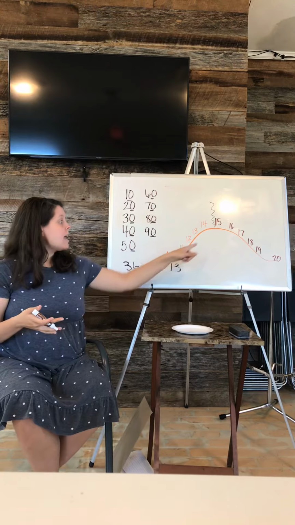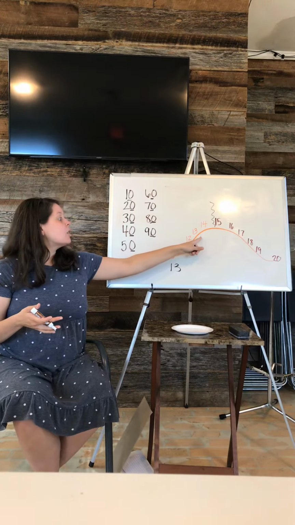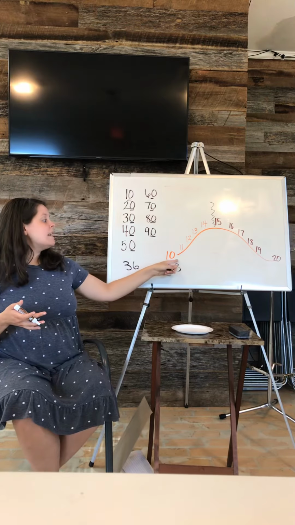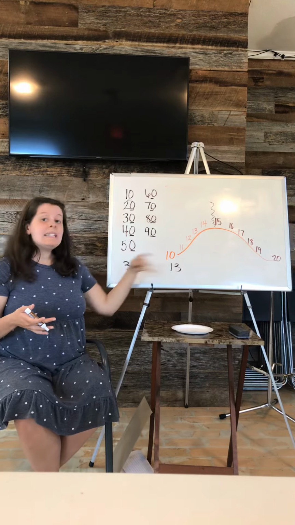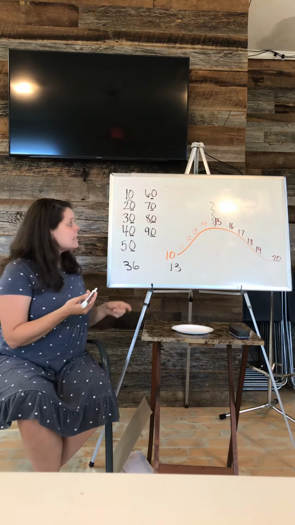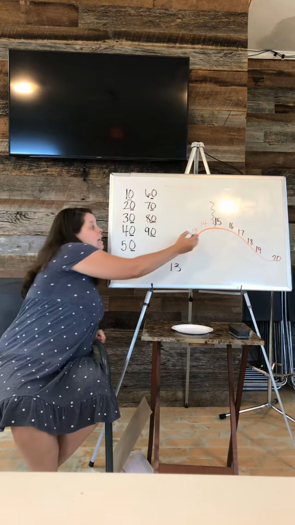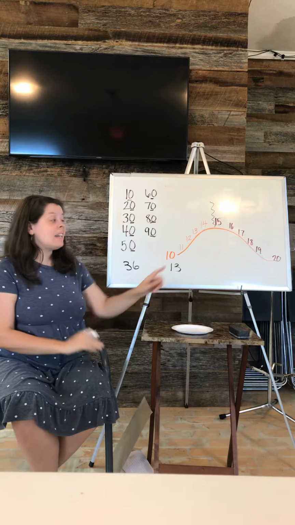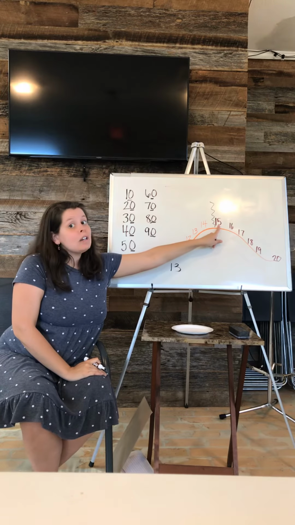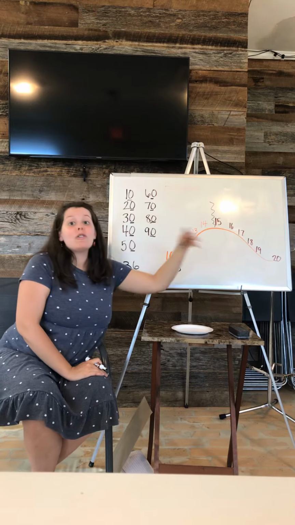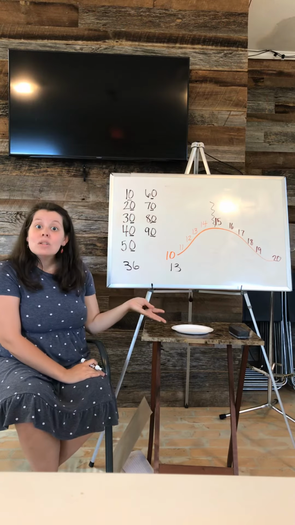Well, then you would say, well, it's right here. It's closest to the 10, so I'm going to round it down. 13 is rounded to 10. But if someone said, hey, could you round 15 for me? Well, here's 15. It's right at the tipping point. If my marble was there, which way would it go? It would go this way. So 15 is rounded to 20.